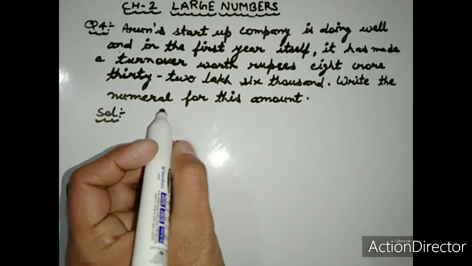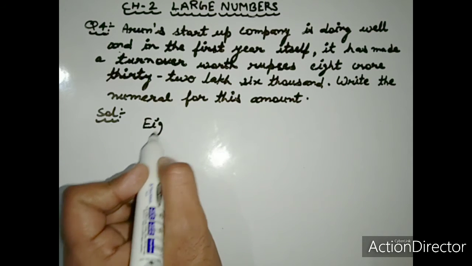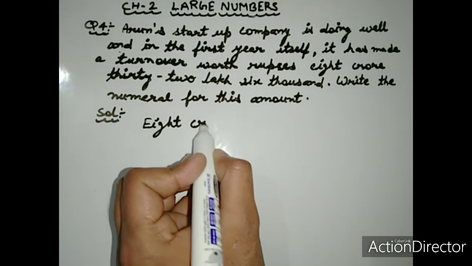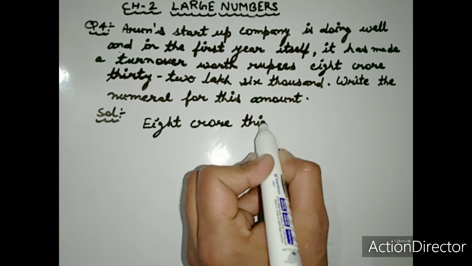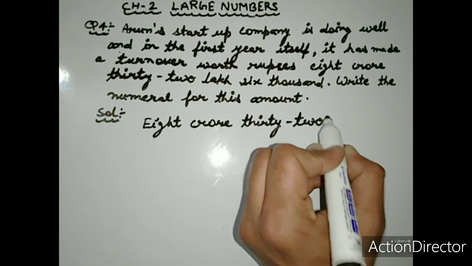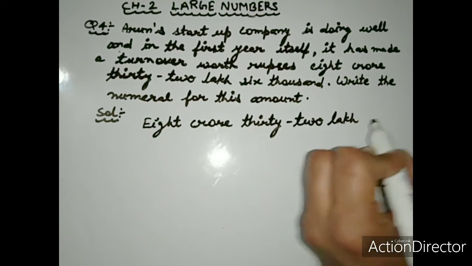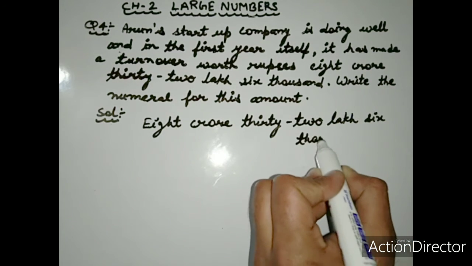First we write the word form of this number: 8 crore, 32 lakh, 6,000.